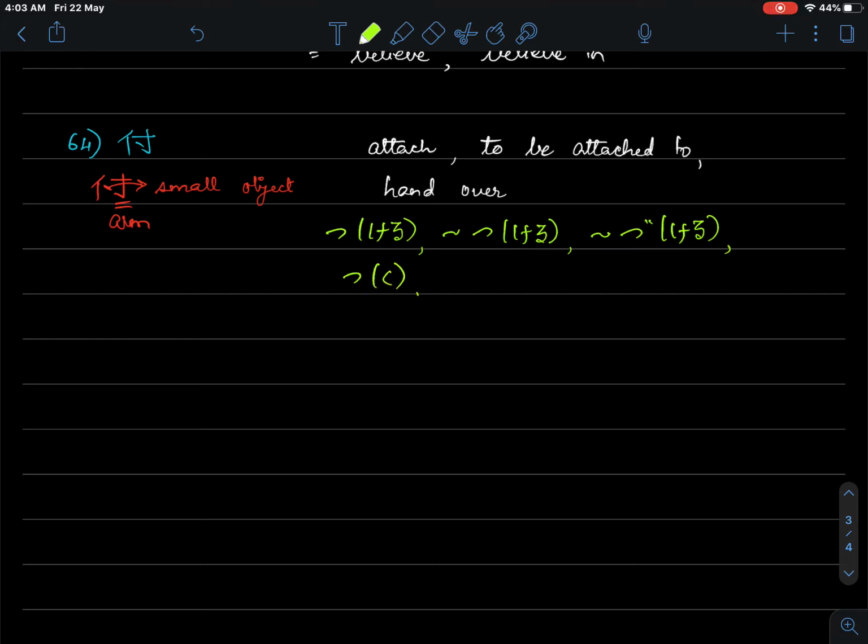Then you have tsuku. Then you have tsuke. Then you have tsuke.